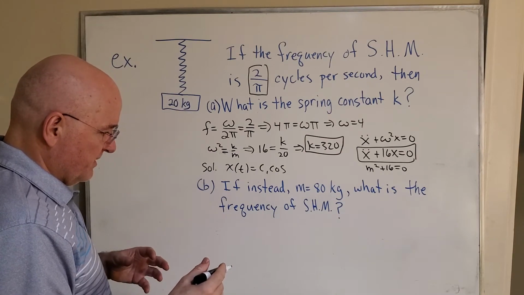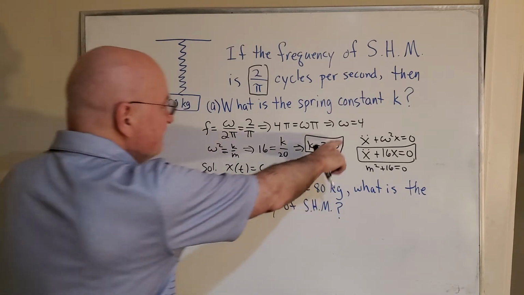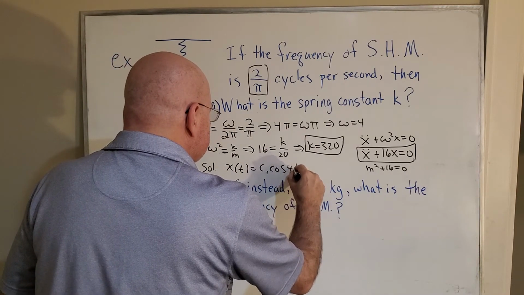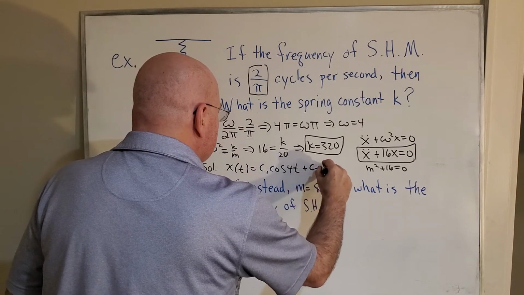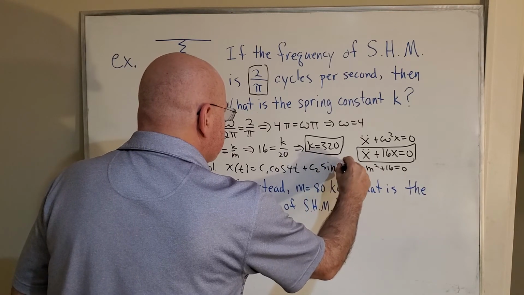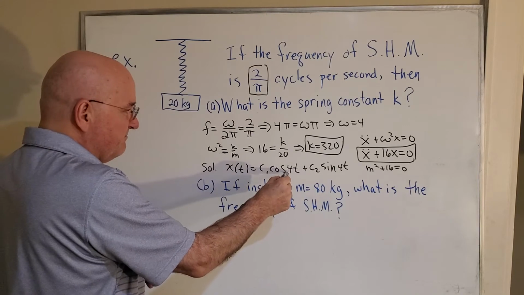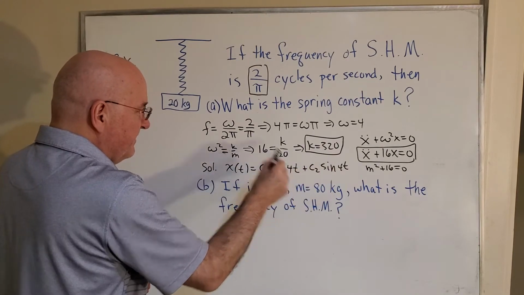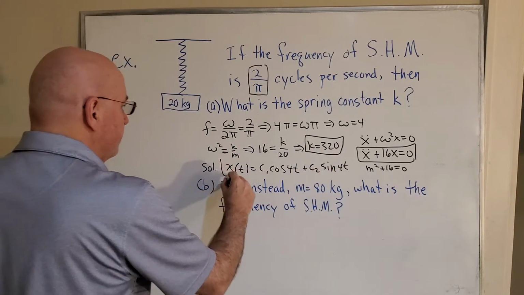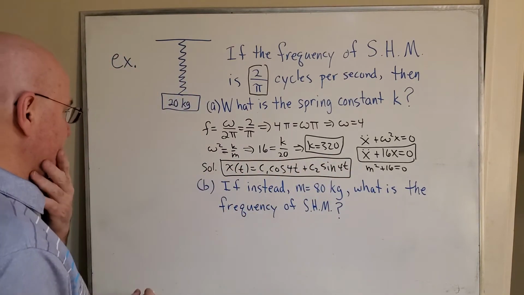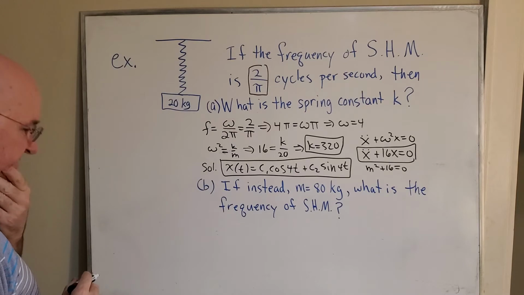So, oh, we already know, I'm sorry, omega is 4. So 4t plus c2 sine 4t. We wrote that down earlier. When you know omega, just plug omega in there and there, and we've got the solution. Again, that wasn't asked for yet, but we might need it down here. Actually, I don't think we will.